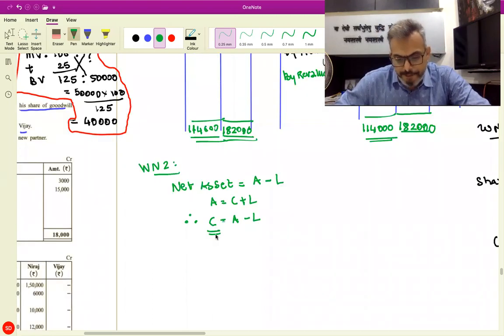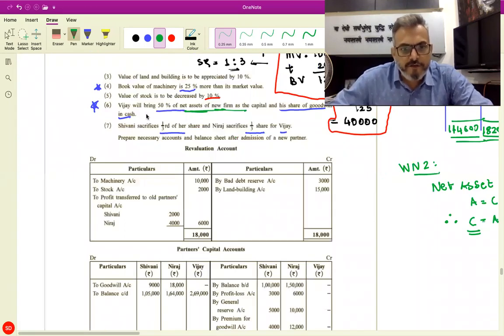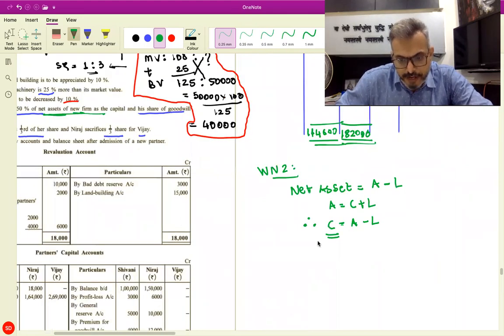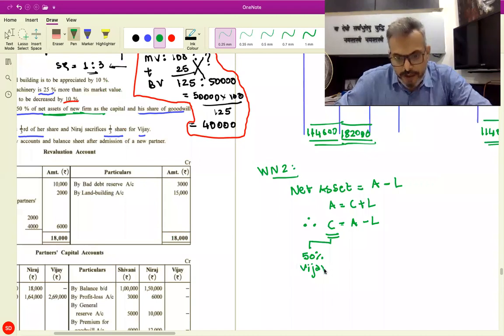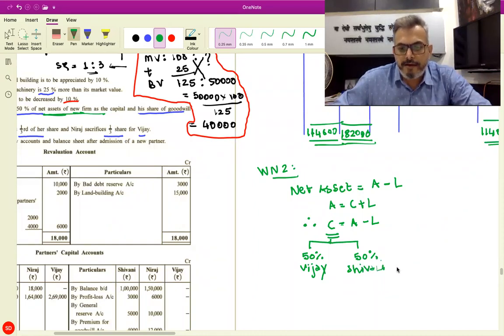Now this capital, the adjustment is Vijay will bring 50% of net asset of the new firm as capital. तो ये capital का two part है. 50% is brought by Vijay and balance 50% is by Shivani and Neeraj.